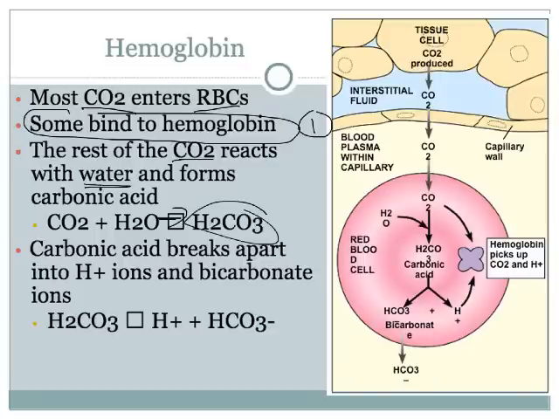Okay? And then, interestingly, that carbonic acid can break apart into H+ and bicarbonate ions, and that is actually what contributes to the acidicness of carbonic acid. Because remember, acids release H+. We talked about the acidness of carbonic acid a little bit earlier in the video.